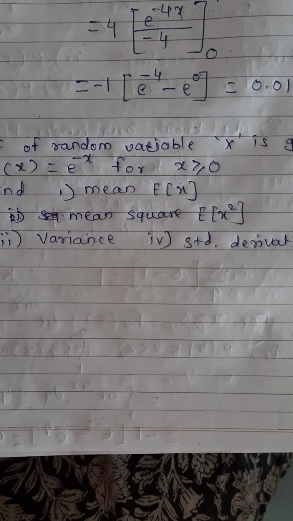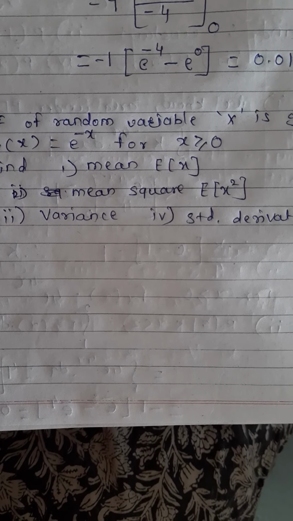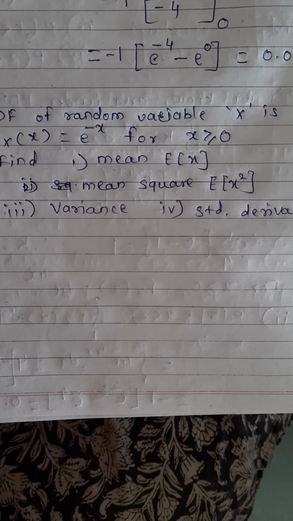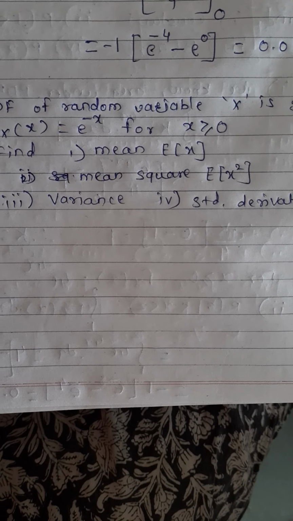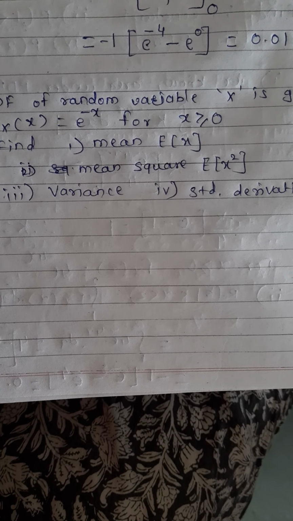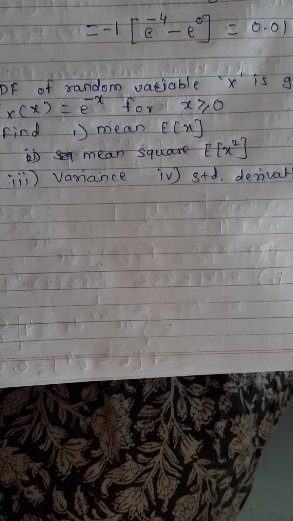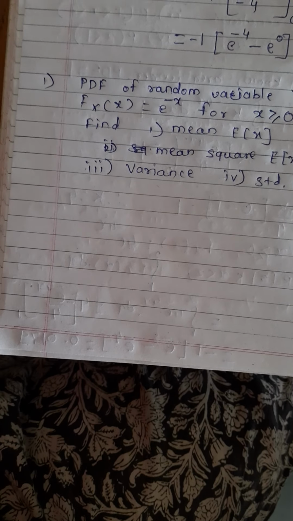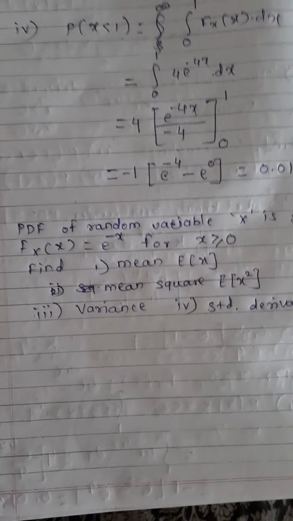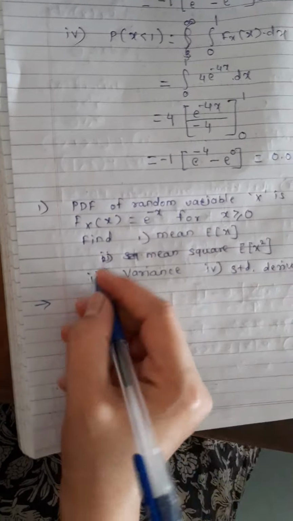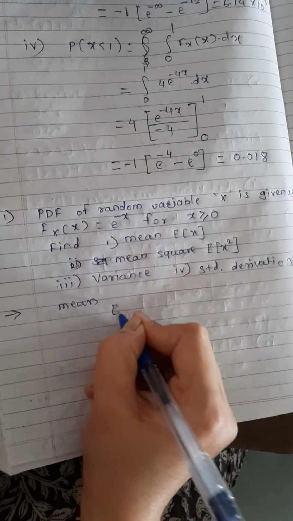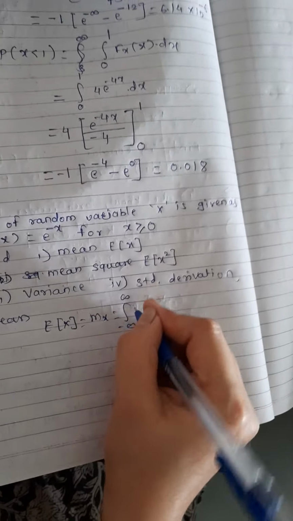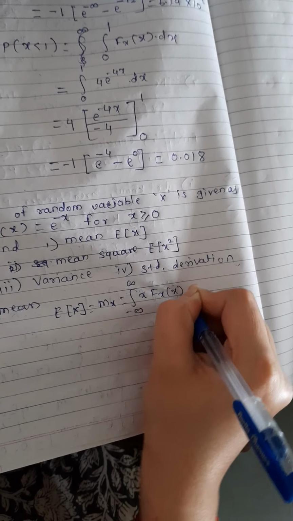So here we have to find first the mean. So E of x is equal to mx, which is equal to integration minus infinity to infinity x fx of x dx.